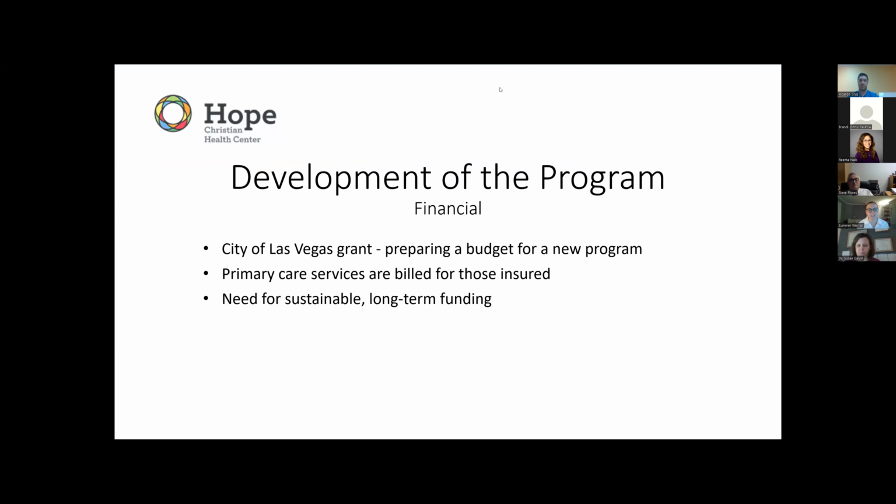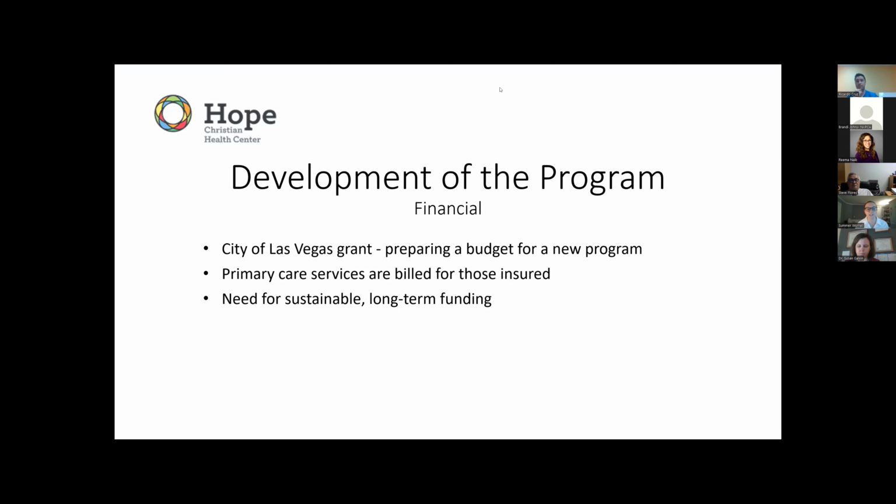The first thing is, I think that we received a City of Las Vegas grant, like both Dr. Galvin and Steve mentioned. This took about 1.5 years of preparation. While the National Healthcare for the Homeless does have several resources for recuperative care, every facility is unique, and I'm sure, as you all know, developing a new program, you can predict and estimate as best as you can, but with the knowledge you have at the time.